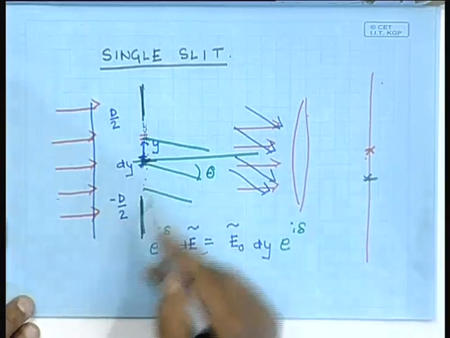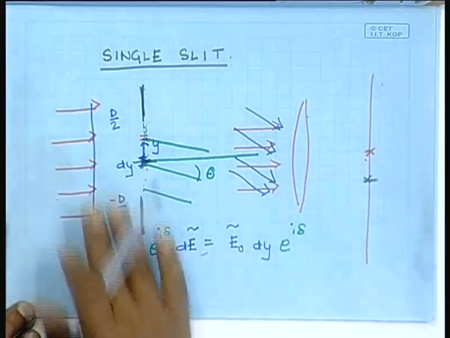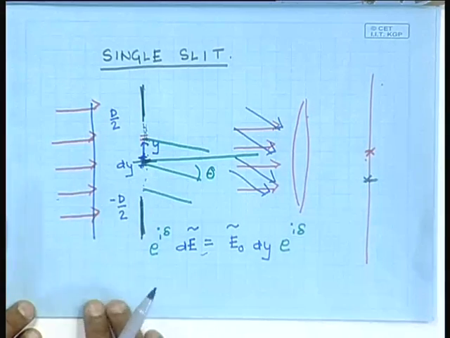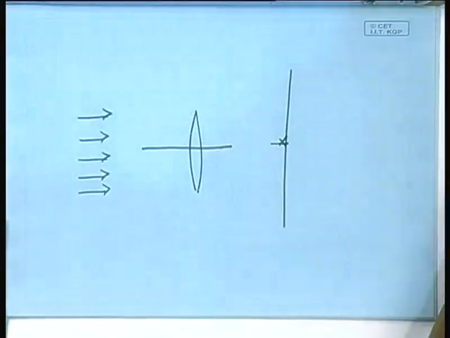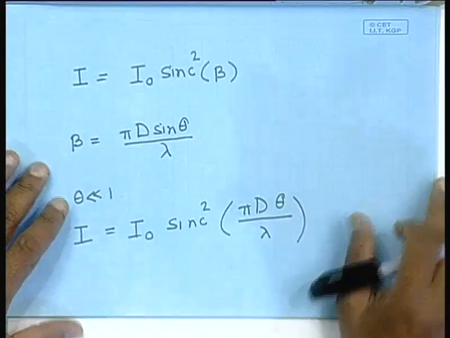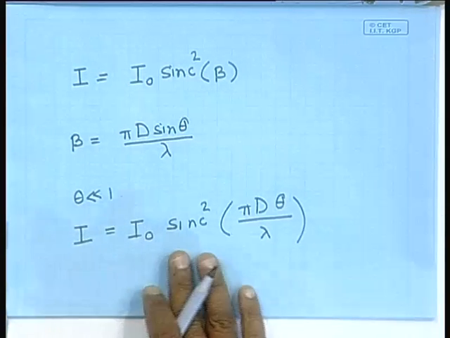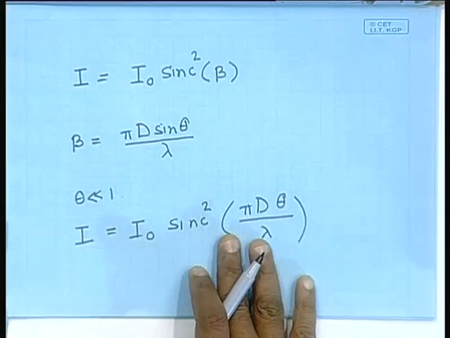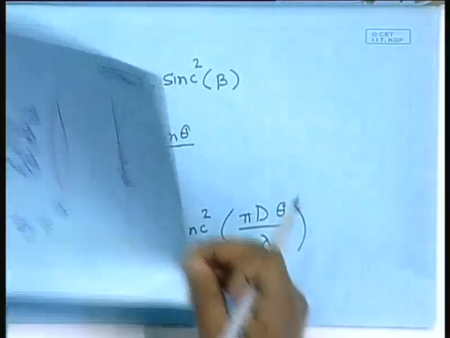But when you take into account the wave nature of light, what you find is that the intensity pattern on the screen is actually given by this. Let me plot the intensity pattern for you, as would be seen on the screen.